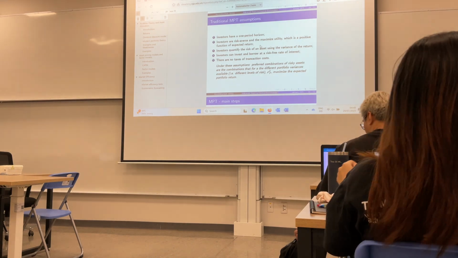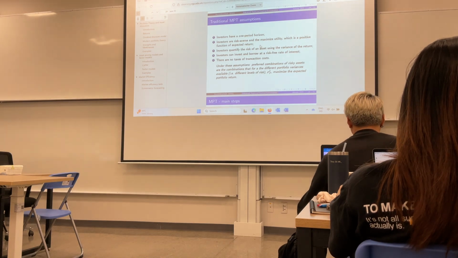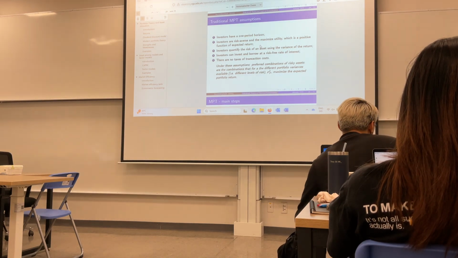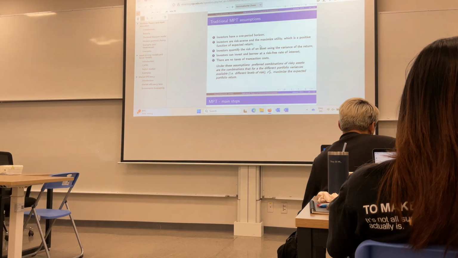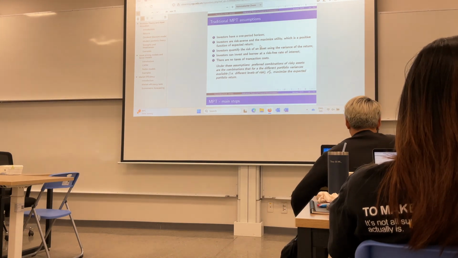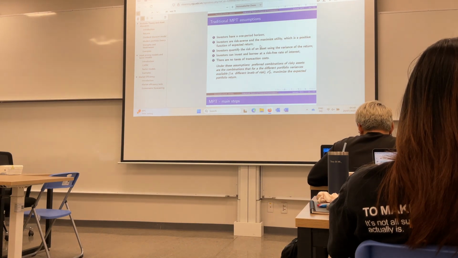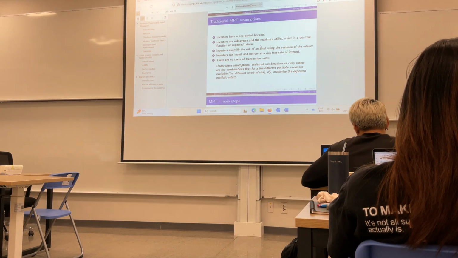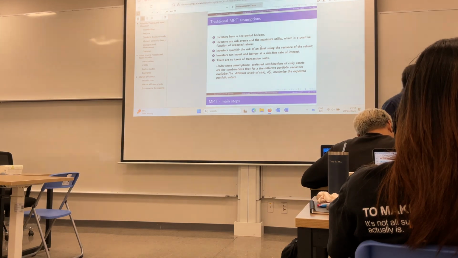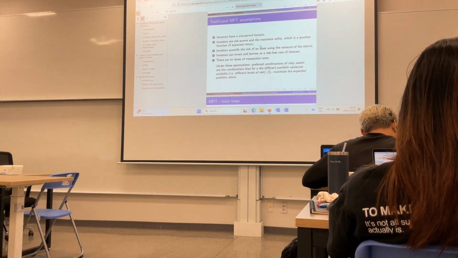If I have T days, so that is the T-day value at risk at alpha, and if these are log returns, then the variance will be T times sigma squared. So the standard deviation will be the square root of T, times the value. So that will be the value at risk for T days at the level of alpha.